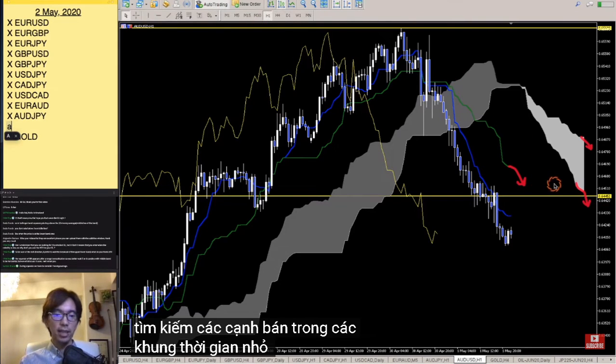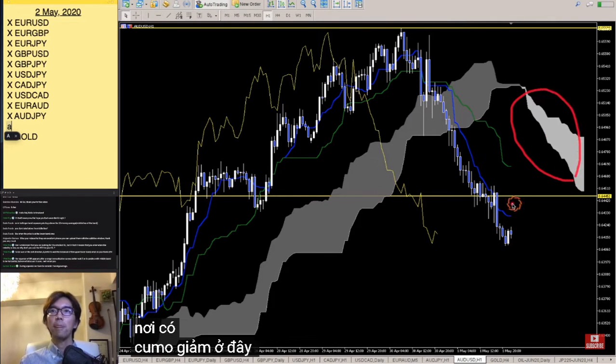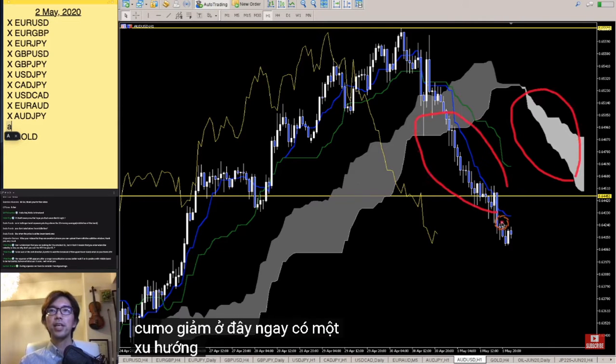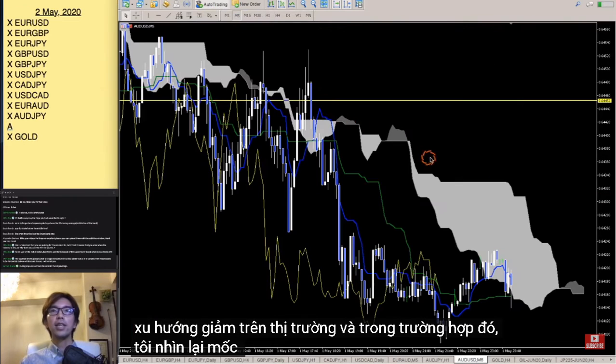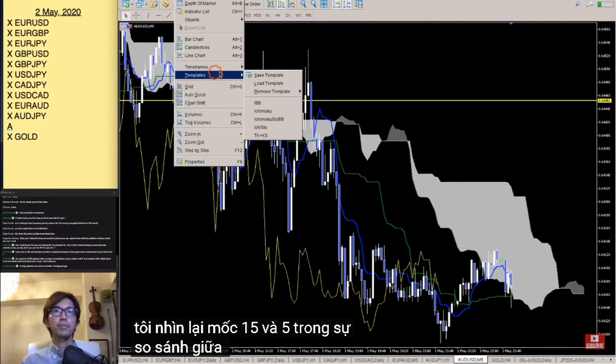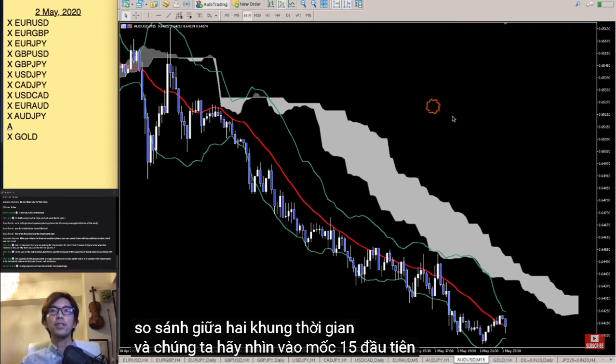Yeah, so let's say I look at the market in the past where there was a down Kumo here, right? There was a downtrend in the market, and in that case, again, I look at the 15 and 5 and I compare between two time frames. Let's take a look at the 15 first.